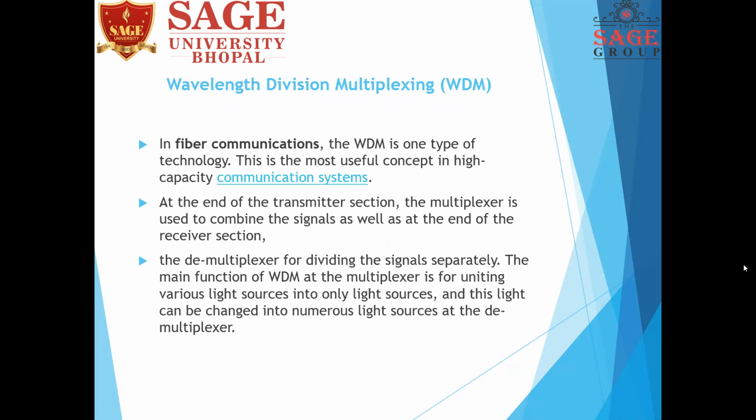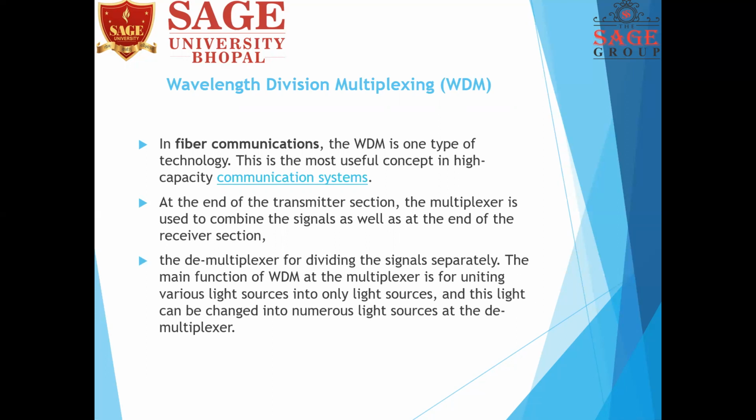Some more topics of WDM. In fiber communication, WDM is one type of technology. This is the most useful concept in high capacity communication systems. At the end of the transmitter section, the multiplexer is used to combine the signals, and at the end of the receiver section, the demultiplexer divides the signals separately.